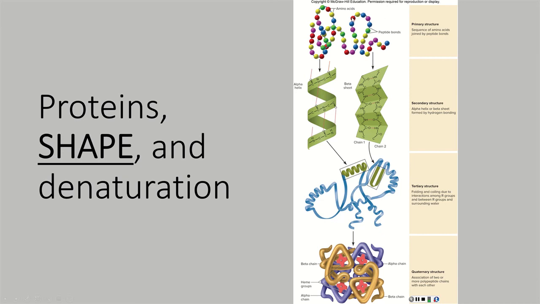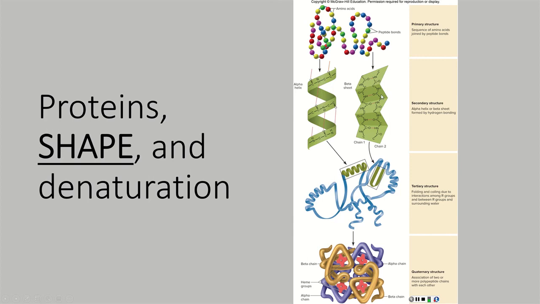Now remember, all of these amino acids will have R groups coming off of them. And the R groups are different, and they have different properties. And based on their properties, it's going to cause this chain to start to fold up and kink up and coil up. And sometimes it forms this kind of corkscrew pattern called an alpha helix.